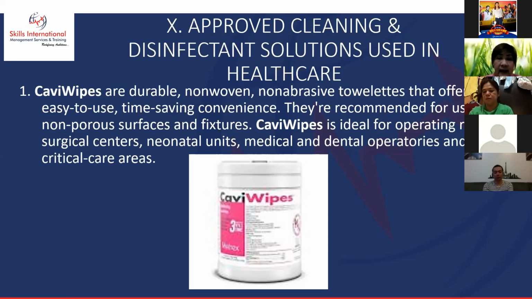You can use them anytime, most frequently on the common touch areas, especially doorknobs, bed rails, patient tables, and so forth. These cubby wipes are ideal for operating rooms, surgical centers, neonatal units, medical and dental operatories, and other critical care areas. So we are using this most of the time. It is frequently used.